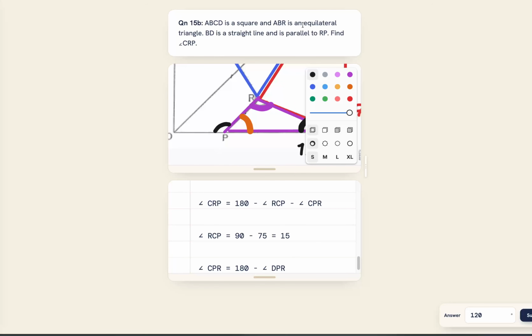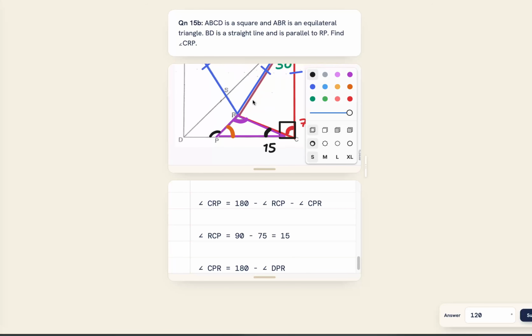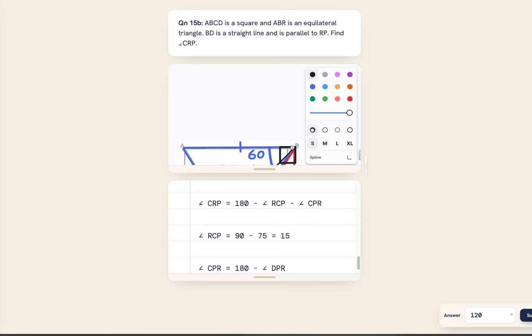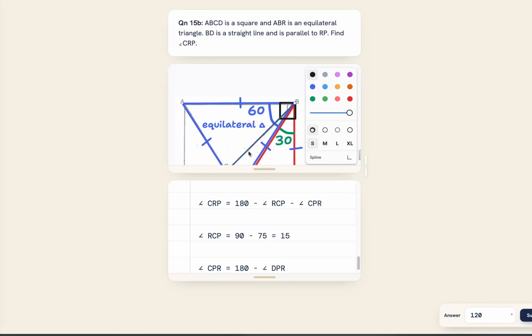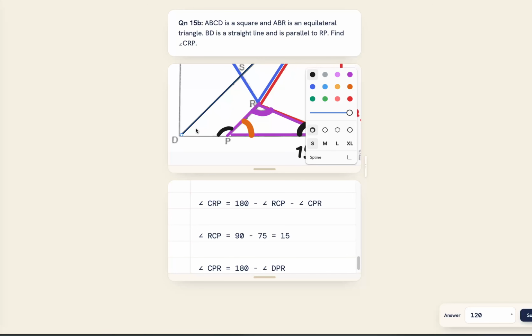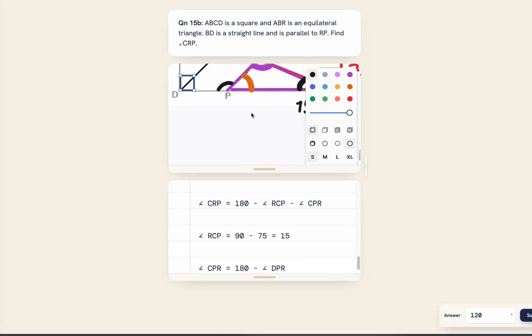Since BD is a straight line across, which is this part over here, you go across this part, which means this is half of the square. So you see over here, angle SDP is equal to 90 divided by 2, which is equal to 45 degrees.